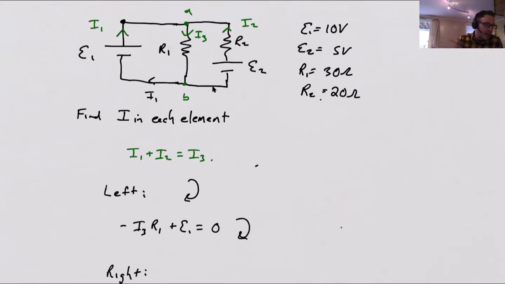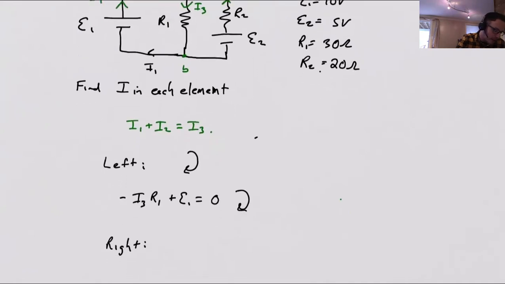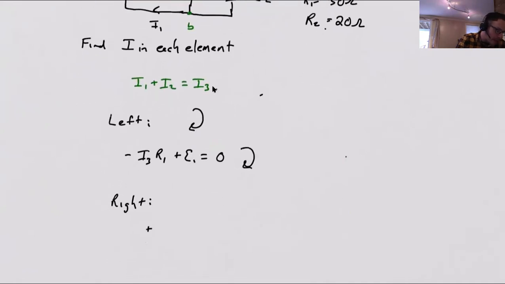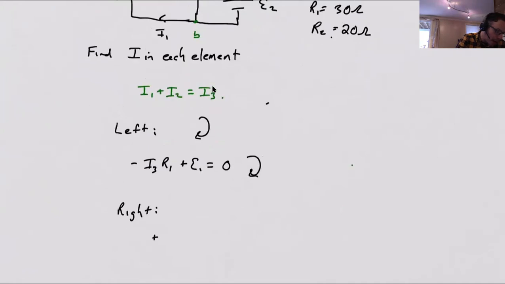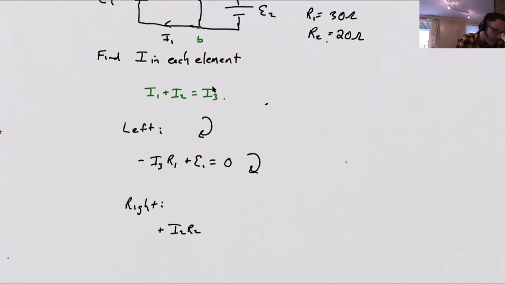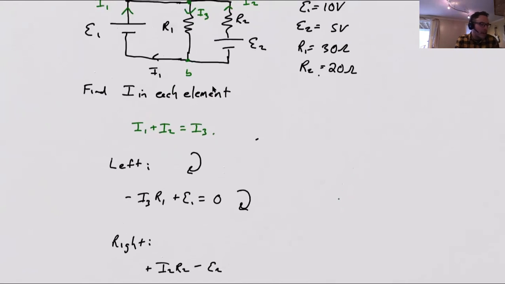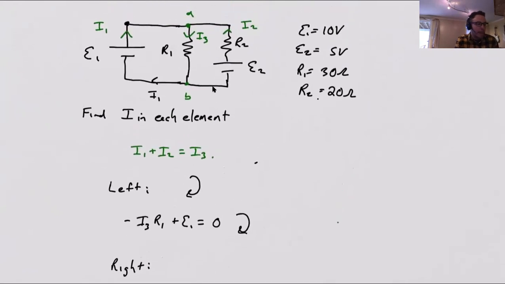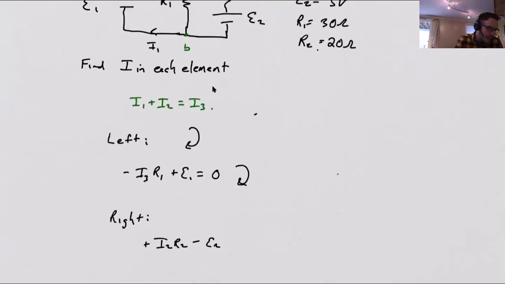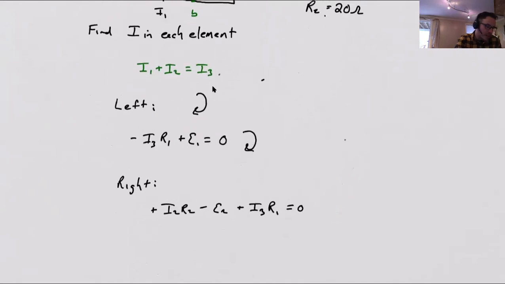I go down, then I'm going against the current, so I pick up a positive I2 R2. I go against the battery from positive side to negative side, so I lose an E2. Then I get down to point B, and going from point B back to point A, I'm going against the grain of I3, so I pick up I3 times R1, and that's equal to 0.